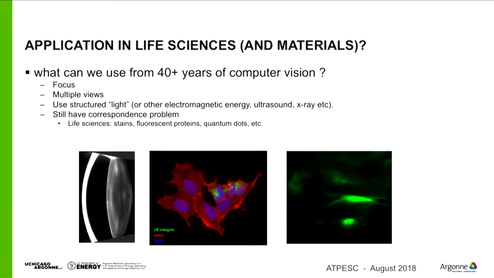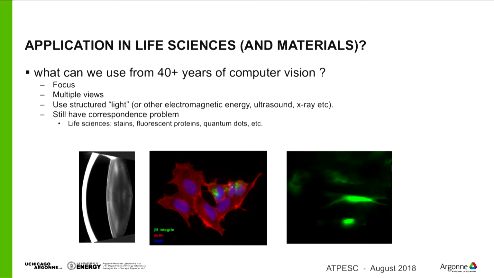So there's a whole line of work on developing reporters or fluorescent tags that help you solve the correspondence problem or figure out what you're looking at. You can light things up with different color lights, or there are mechanisms where if two molecules get within so many nanometers of each other, they light up. This is called FRET. So you can develop reporters or sensors that help you with the imaging task.